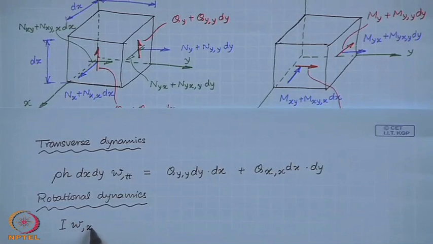Del w del x is the small angle, so this is the rotation about the y axis. The double derivative with respect to time will give us theta y double dot, the angular acceleration about the y axis.